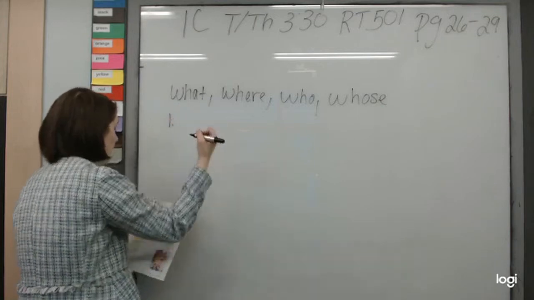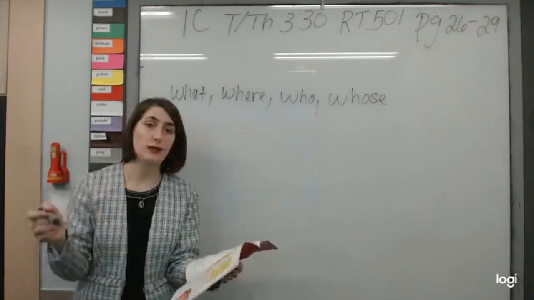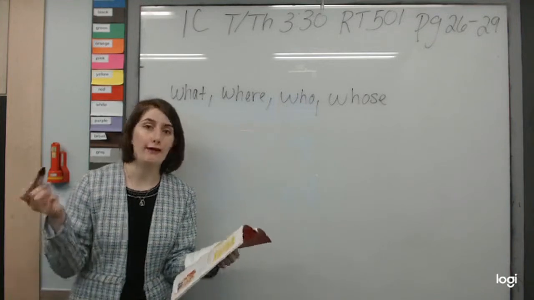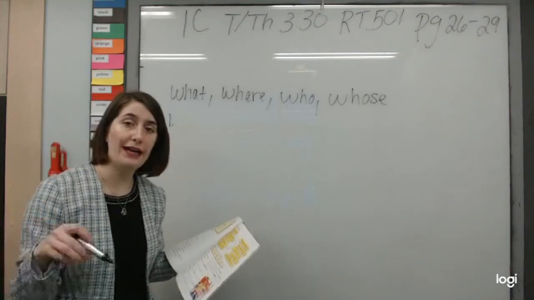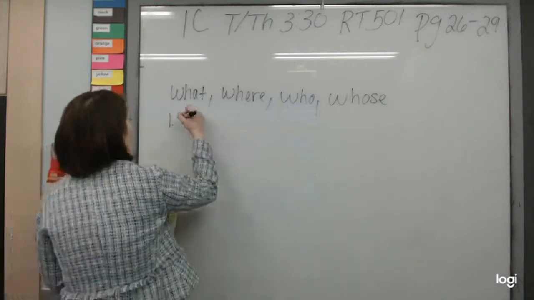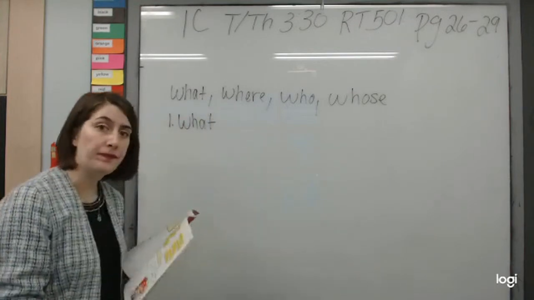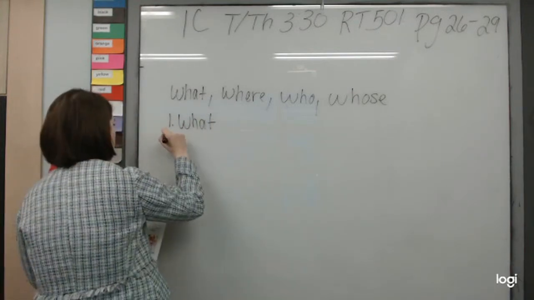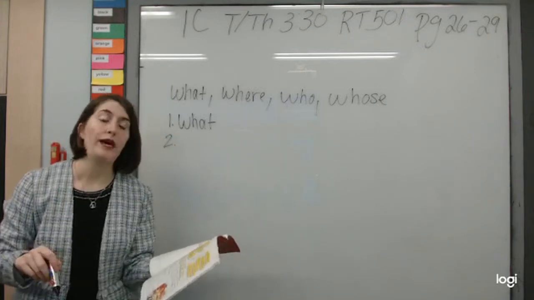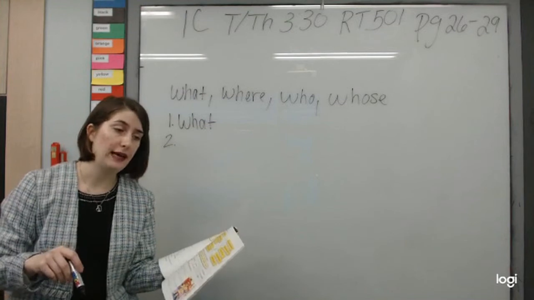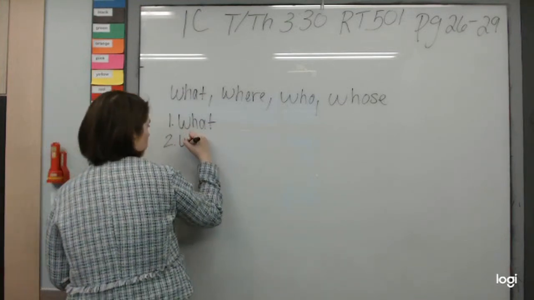So, number 1, blank do you do? I put out fires, all right? Remember, we're talking about action or thing, so what? Number 1, what do you do? All right. Number 2, blank does he use? He uses a radio. Now, radio is a thing, so what?